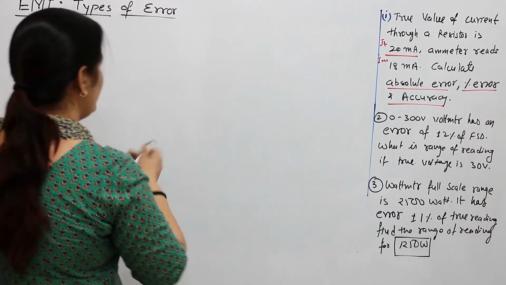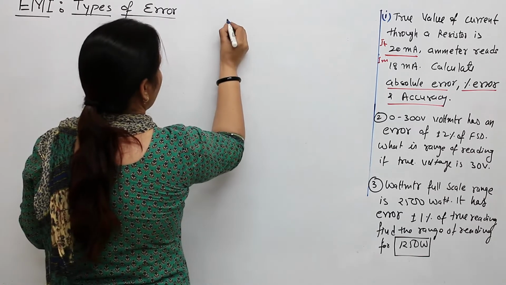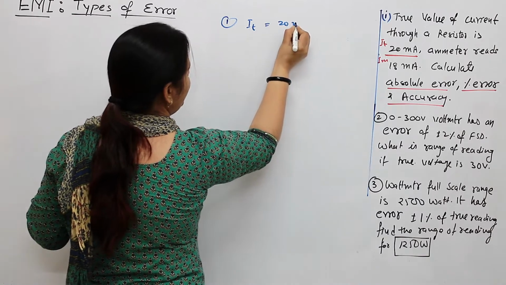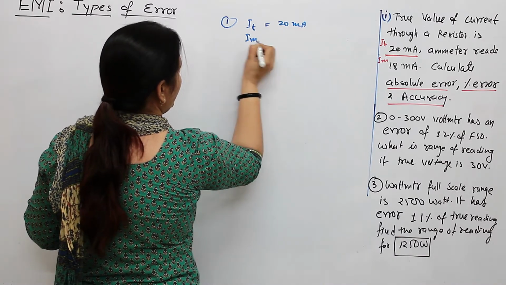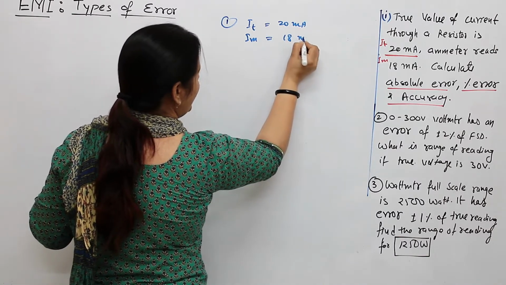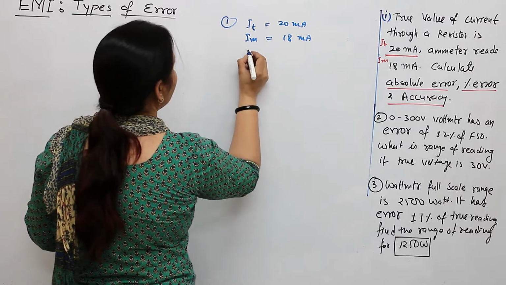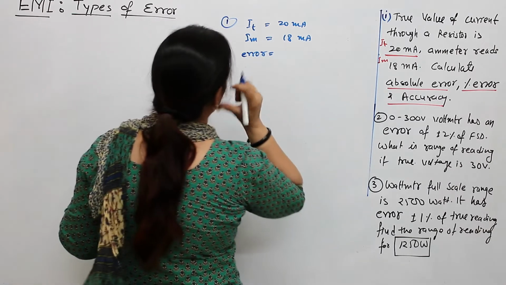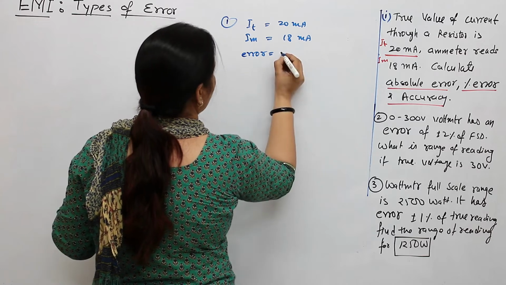When we solve the first numerical, IT is 20 milliampere, IM, the measured current, is 18 milliampere, and as we define, error is true minus measured or measured minus true.